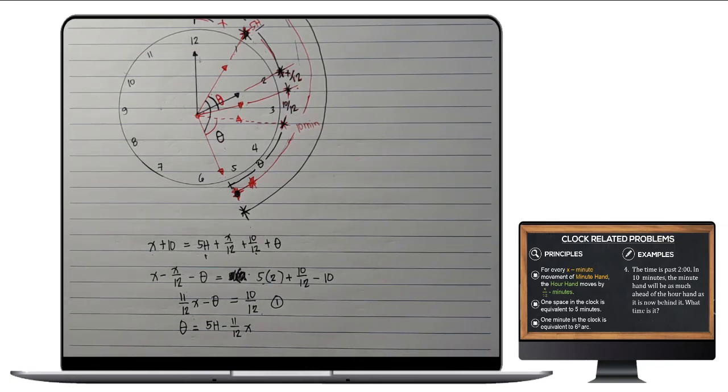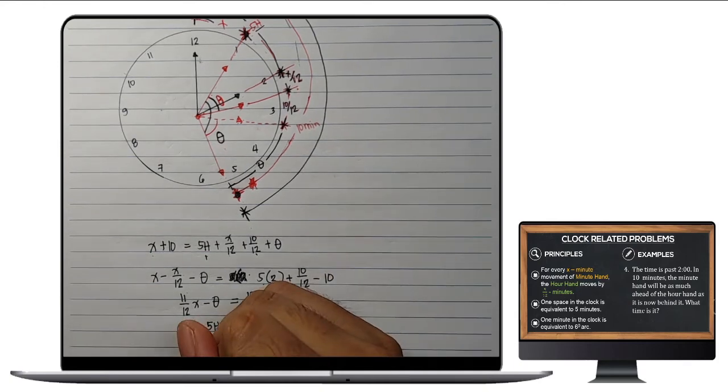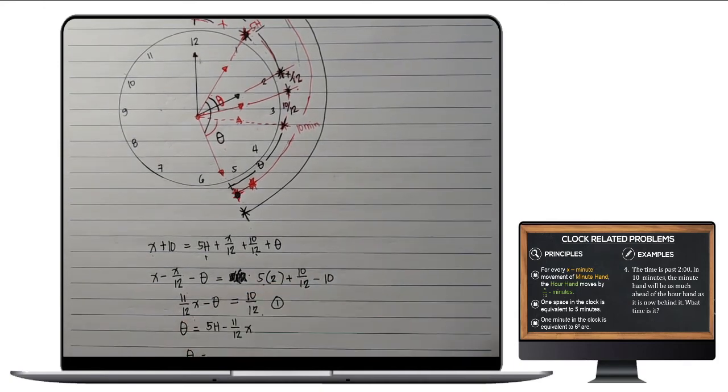So since we know that initially at present time the minute hand is behind the hour hand, we'll be using this equation. So let's use this as our equation 2. We just substitute h, which is 2.